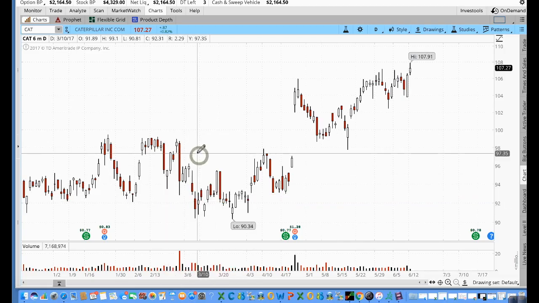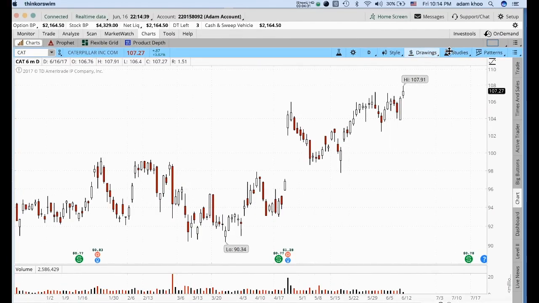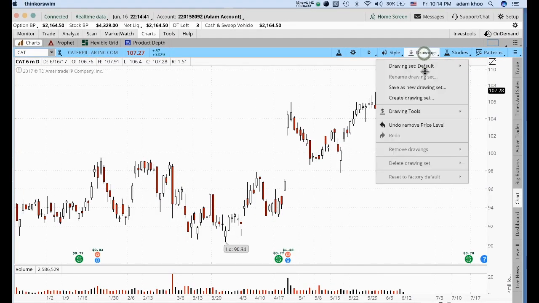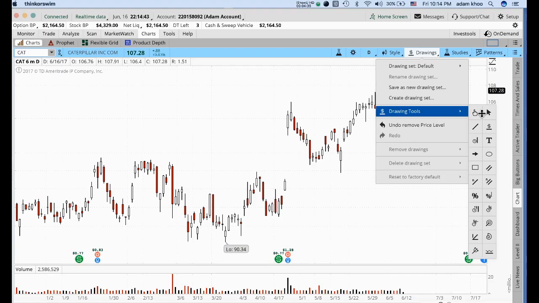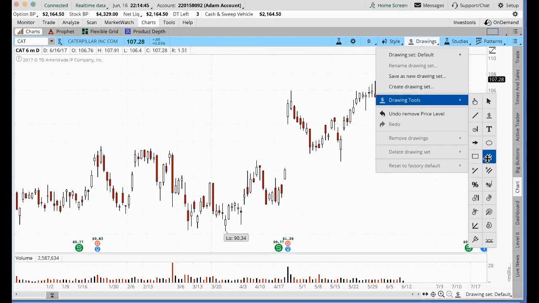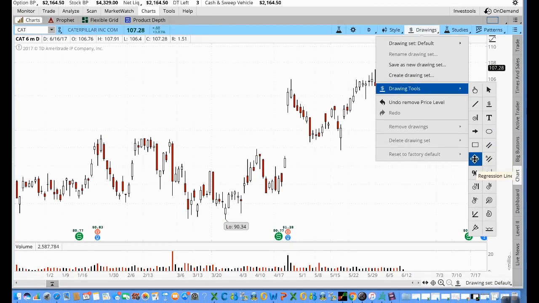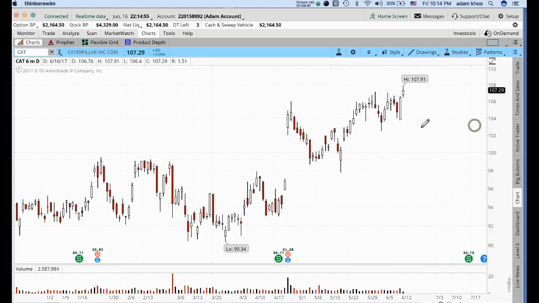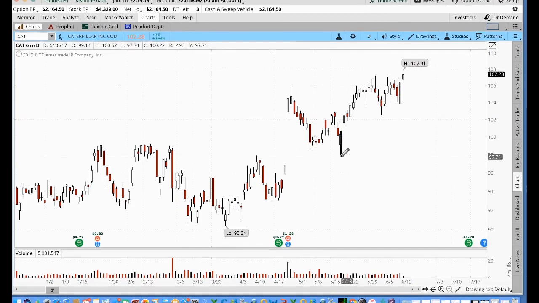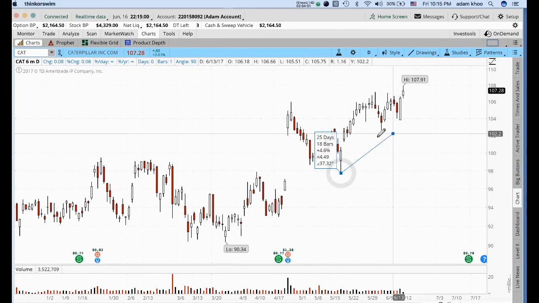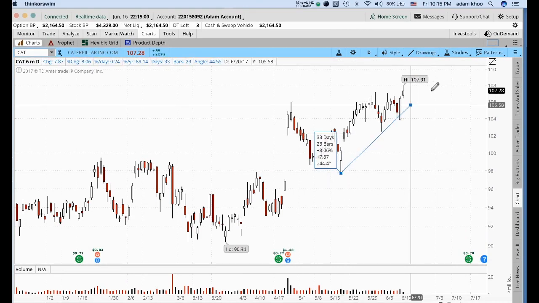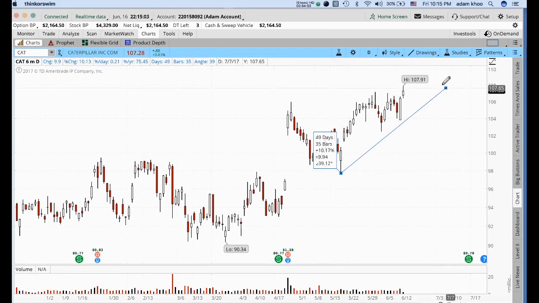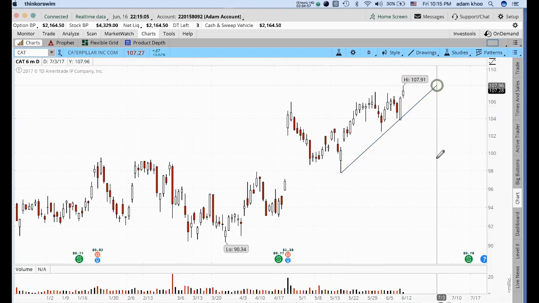You can also go to drawings, drawing tools, and you could select this trend line. This is a trend line. So this is used to draw trending support and resistance levels, right? So if you click on this, for example, I could draw a trending resistance, a support like that, for example.